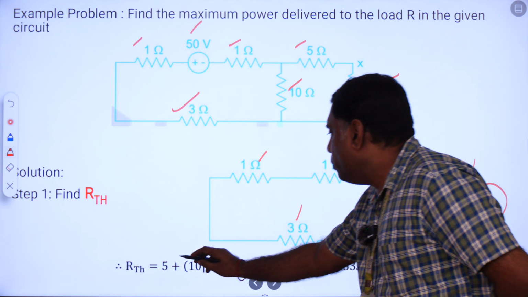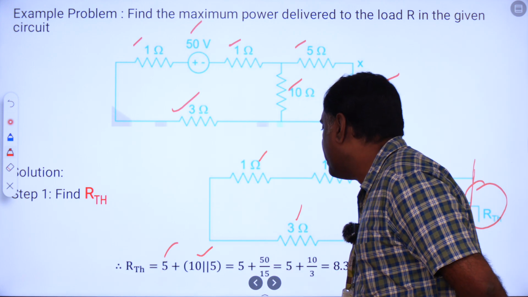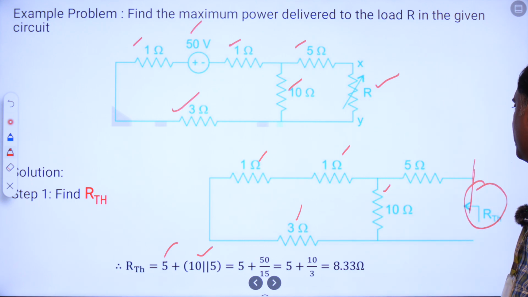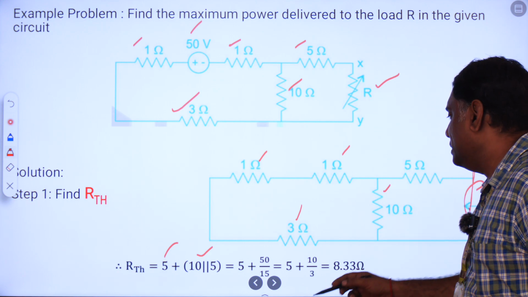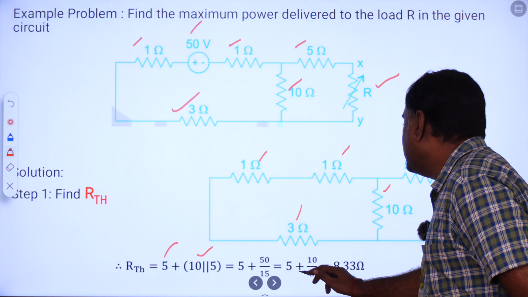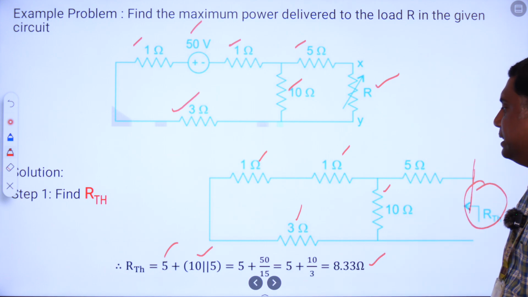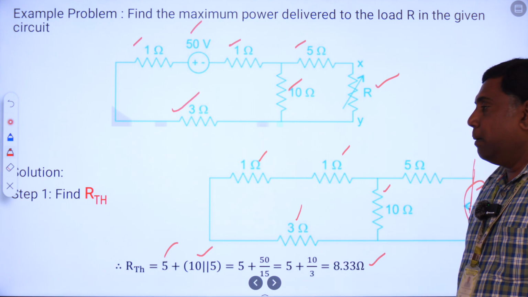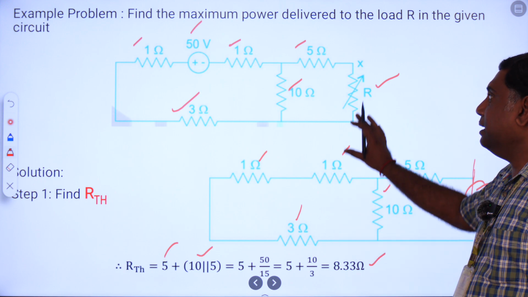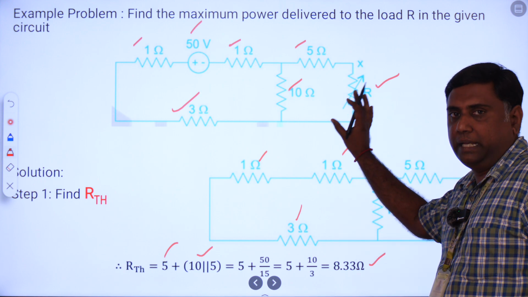So finally we get 8.33 ohm as the R Thevenin resistance of the given DC network.